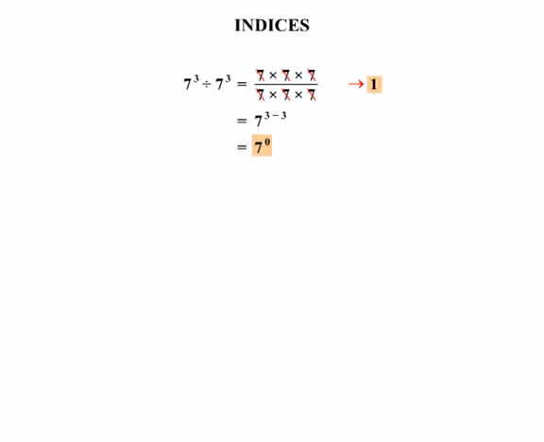Does that mean we've found a problem with our rule? No, it doesn't. In actual fact, what it means is that anything to the power of 0 equals 1. So any number or any algebraic term, if we raise it to a power of 0, we'll get an answer of 1.